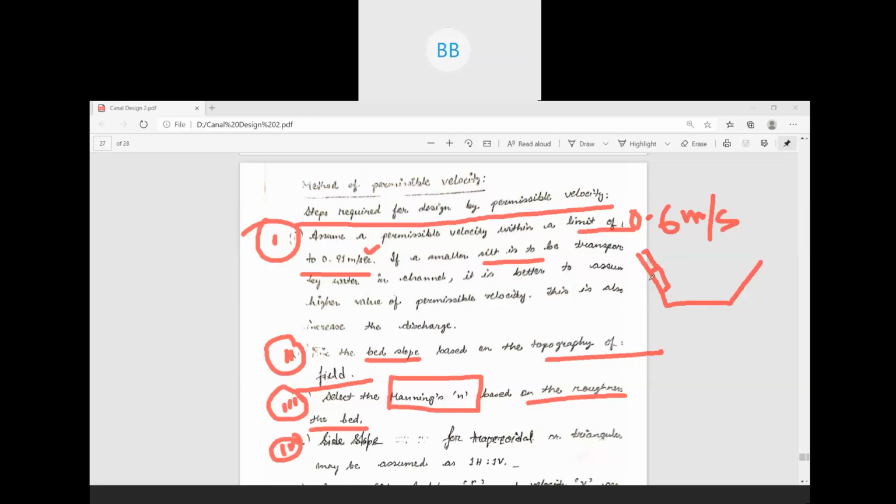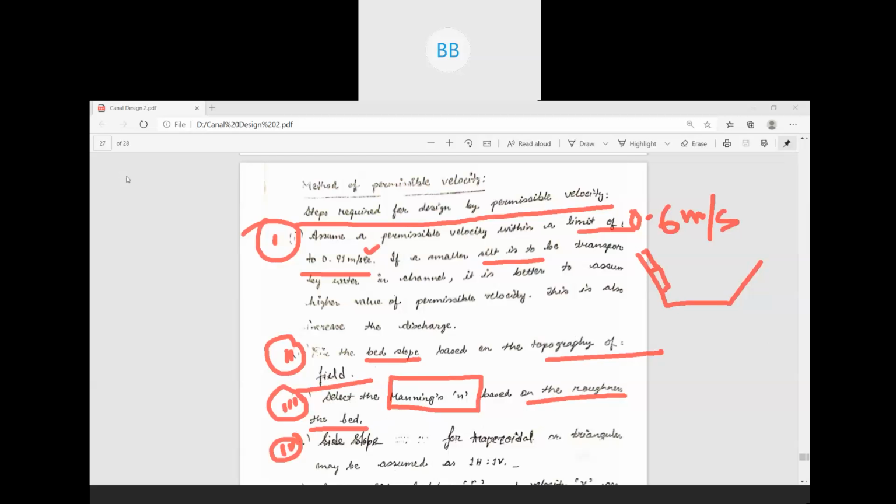So depending on the materials you use to line the canal or to fix the boundary of the canal, your n values vary.